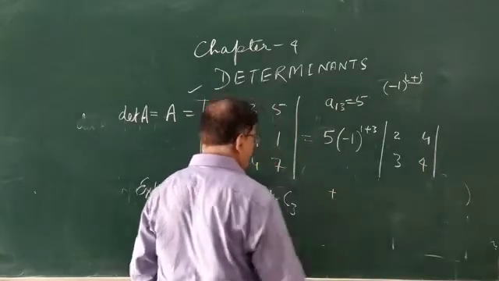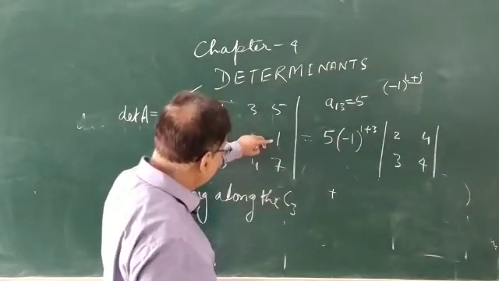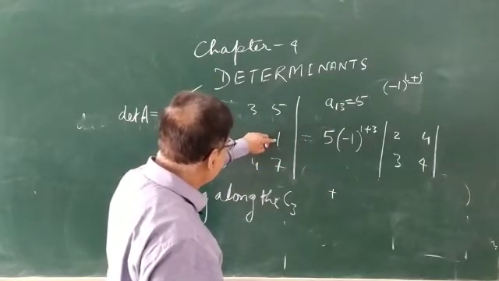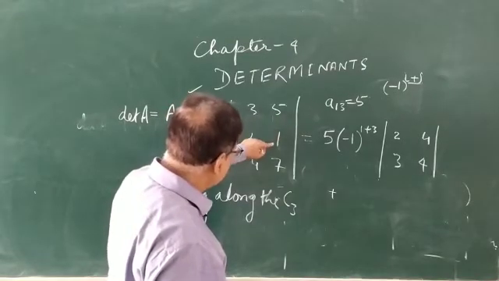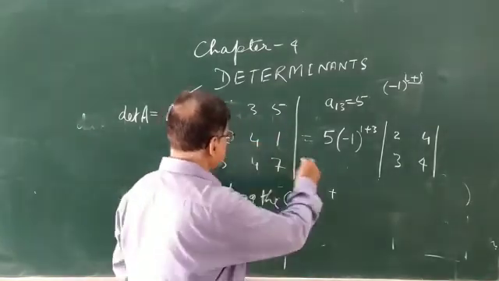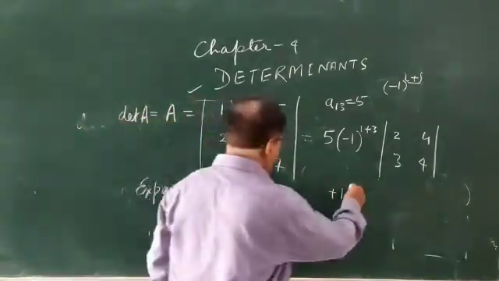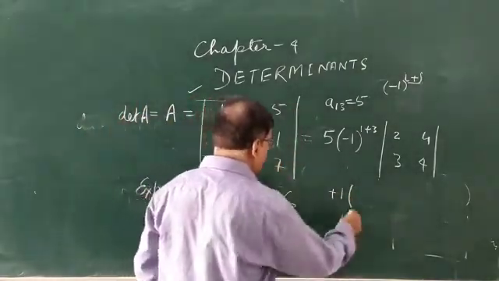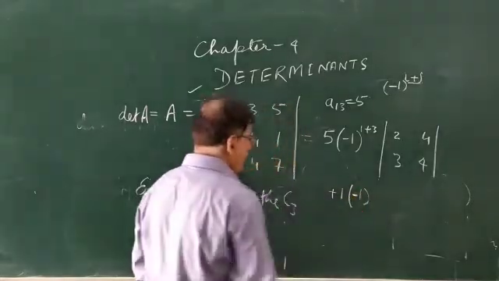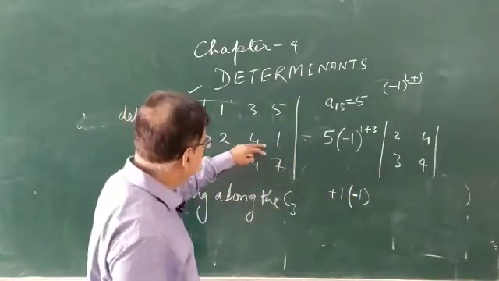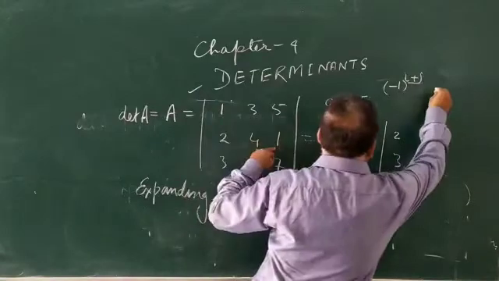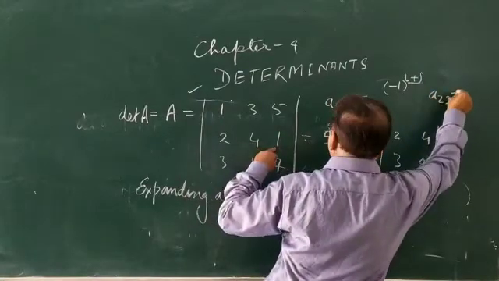Plus, now you consider the second element of the third column, that is 1, and after that you find the sign of that element: minus 1, and see, second row and third column, A23, that is 1.